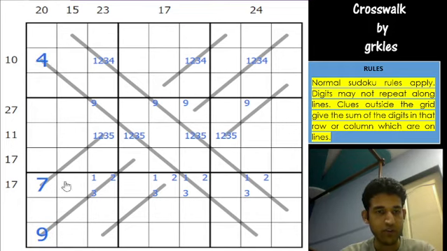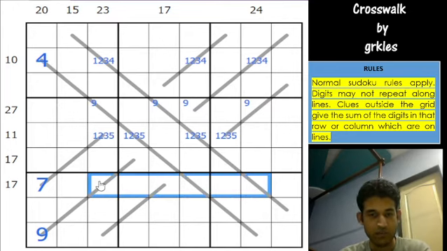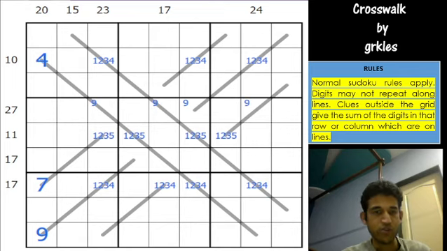And now we have deduced the possibility for the 17. It must be 1, 2, 3, 4 and 7. So I'll just write 4 in all these cells and make them center pencil marks. So they must be 1, 2, 3, 4, right? And we have deduced this 17 clue. So is it possible to highlight these clues?